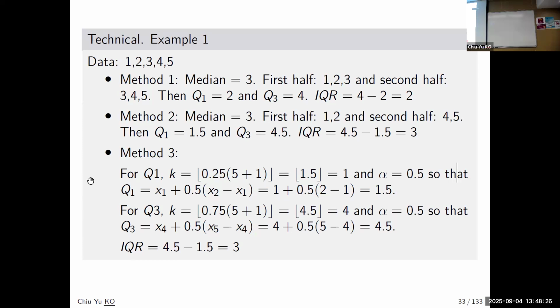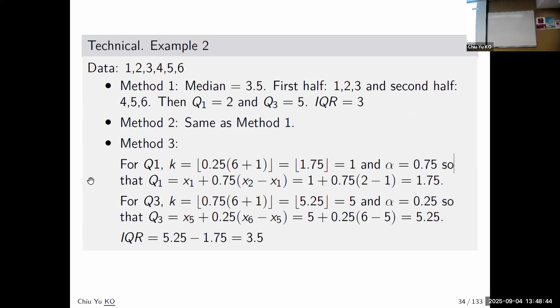What's left is 0.5. So we start from the fourth observation, and halfway between the fourth and the fifth will be our Q3. It's the difference. So don't worry, it's not included in the exam. Maybe an assignment, but not an exam. Don't worry. It's just for fun, for you to see, because this is the Excel output you get, so I have to explain why you get this answer.